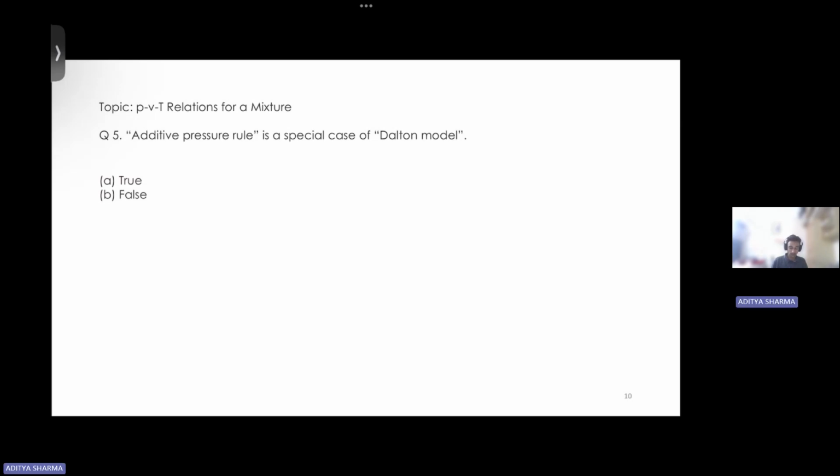So when the statement says that the additive pressure rule is a special case of Dalton model, this becomes a wrong statement. So it had to be the other way. In that case, this becomes a false statement. Okay. So moving on to the next question.